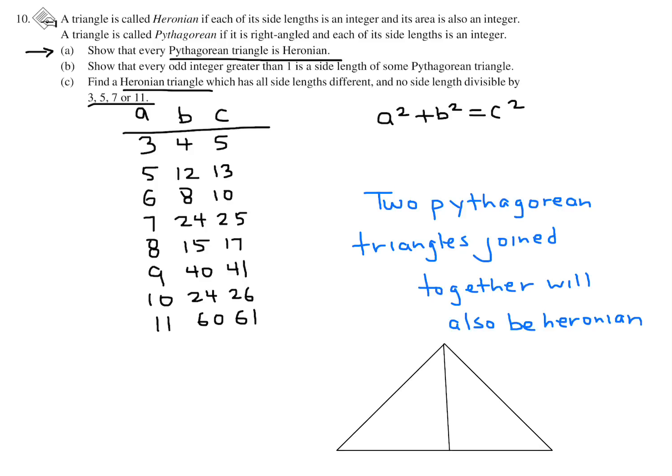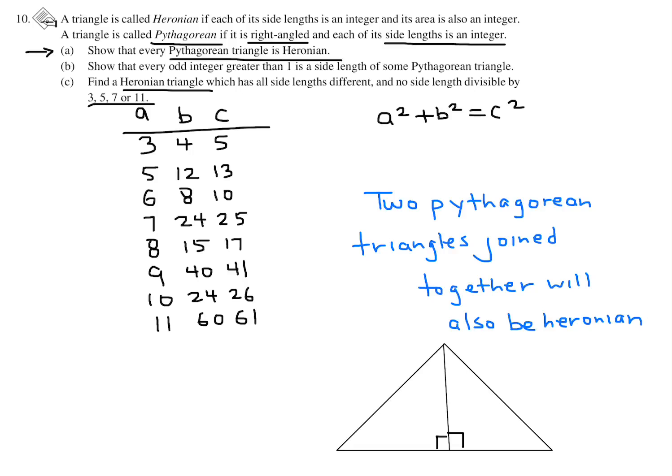Here's two triangles that are right triangles, and I'm joining them together. So here's one and here's another one. And these are, let's say, both Pythagorean triangles. If they are, that means that we have integer side lengths and we have right triangles. So exactly what it says up there, right angles and integer side lengths.